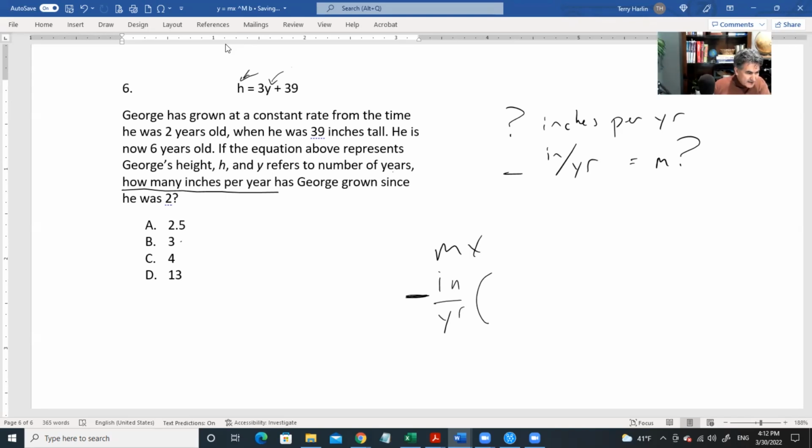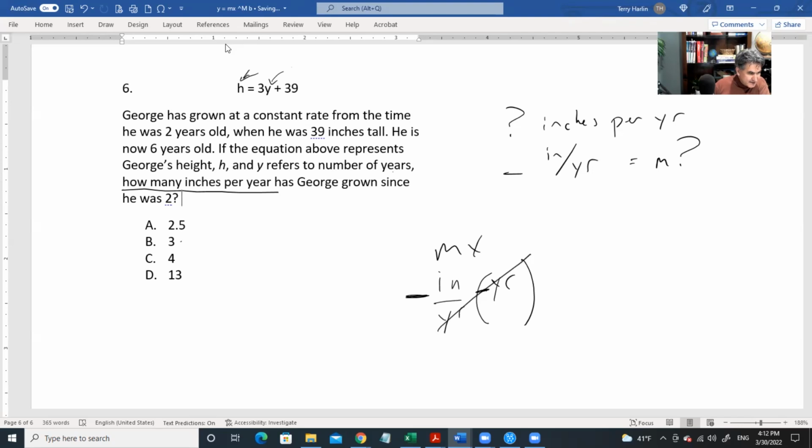This is the rate, and then that has to multiply out with the number of years I'm going to put in here, y, so that it cancels out, and my answer is going to be h.